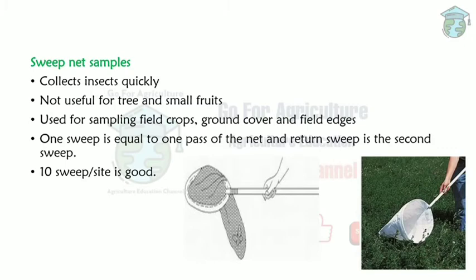No, it's not possible, because this is used to collect the insects from the huge canopy of crops or from grasses, so that we have a ground cover. In this, one sweep is equal to one pass of the net, and the return sweep is a second sweep. For a site, 10 sweeps is okay. So this is sweep net sampling.